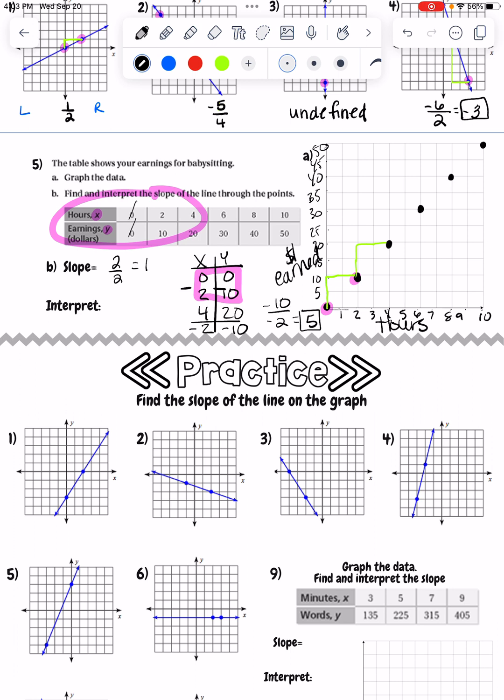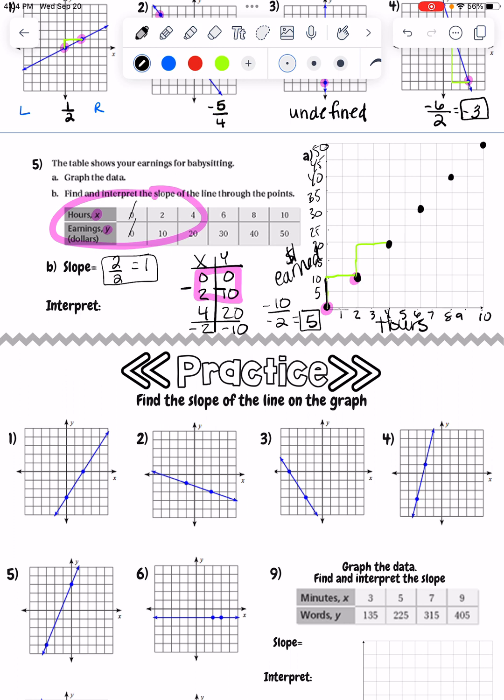Now this, if you see, doesn't match that right there. The reason why it doesn't match is because when I did my slope, I counted by 1s here when I really should have been counting by 5s, because that's what my chart was. So I should have gone 5, 10, and then over 2.